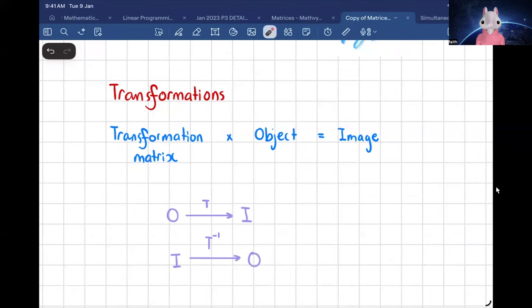So if you want to go from O to I, you use T. If you want to go from I to O, you use T inverse. Does that make sense? Yes, sir. T inverse just does the opposite.